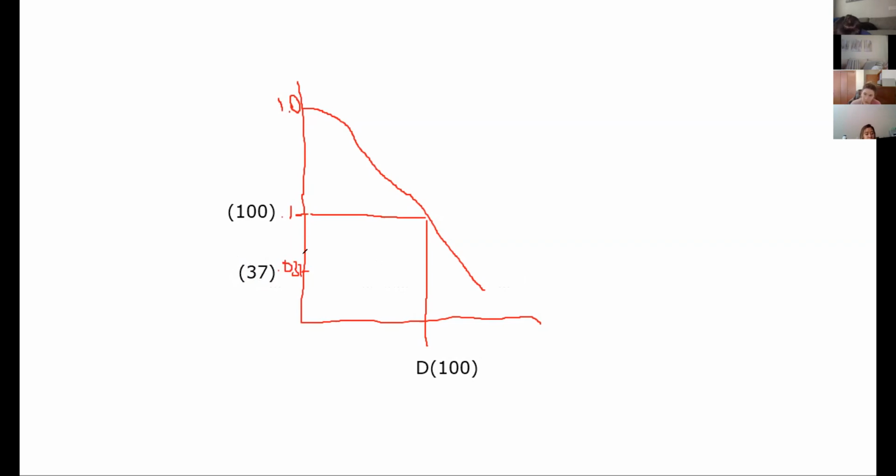I'm going to draw a line straight across. So at 37, you do the same thing. Draw a straight line straight across, drop it down. That is your dose at 37. So you've got two dose levels.